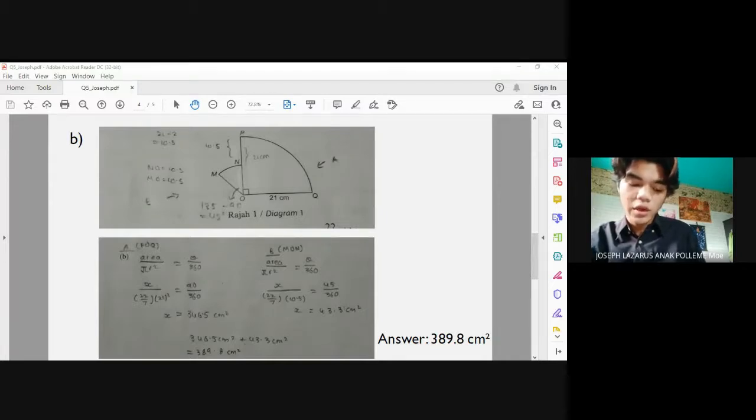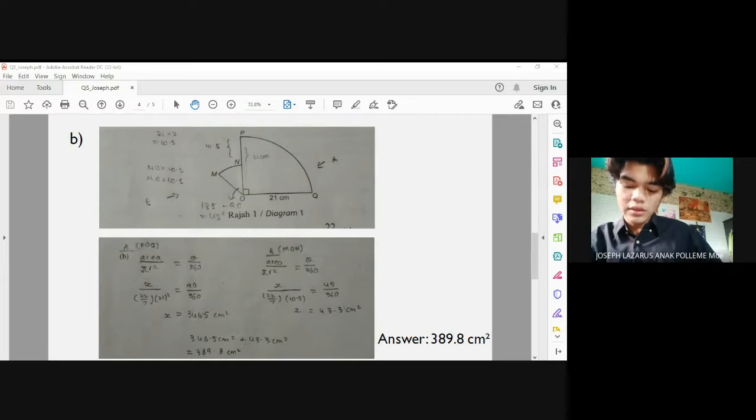By using the formula, area of sector over pi r squared equal to theta divided by 360 degrees, the area of POQ and MON is 346.5 cm2 and 43.3 cm2.